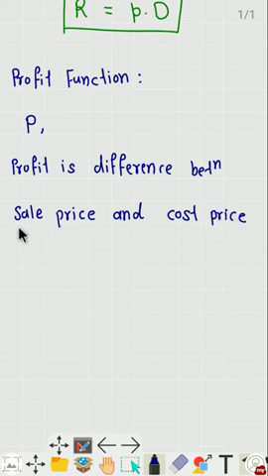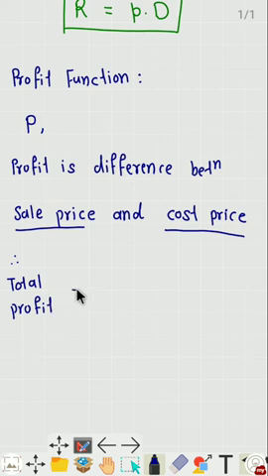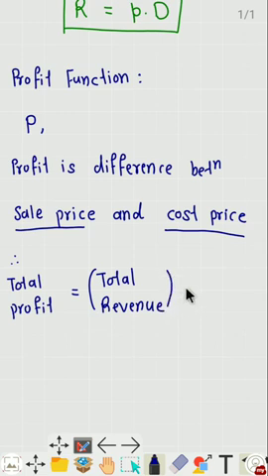Sale price means revenue and cost price means the cost function. Therefore we can write the total profit is equal to total revenue, meaning sale price, minus total cost.